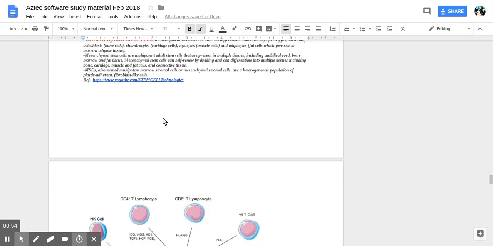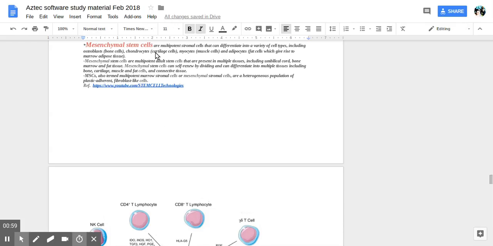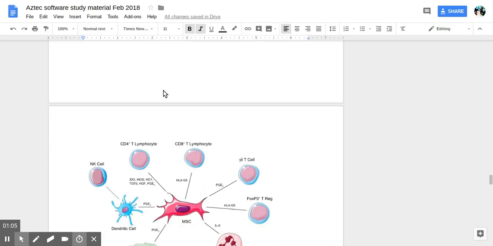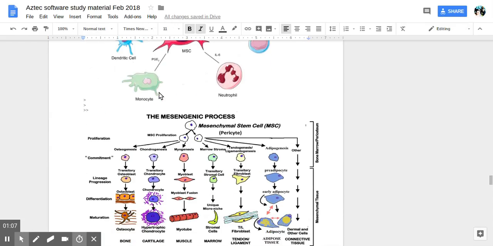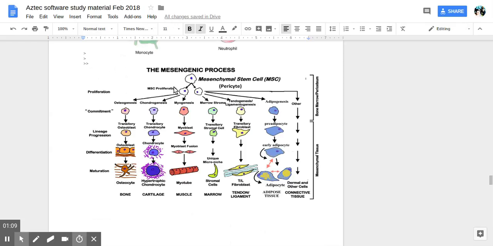They are present in different tissues, and what they differentiate into is muscle cells, fat cells, bone cells, cartilage cells, different things. And then there are different kinds of pictures here. So the MSC, or the mesenchymal stem cell, differentiates into all these different types of cells.